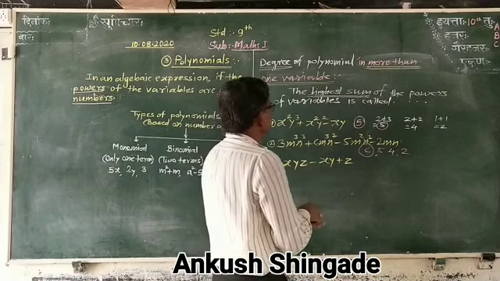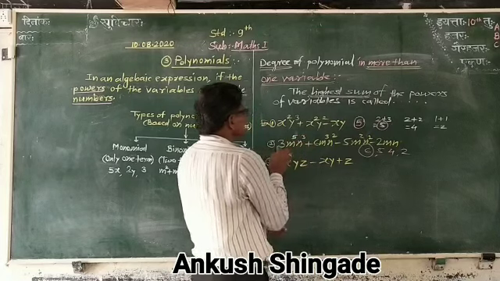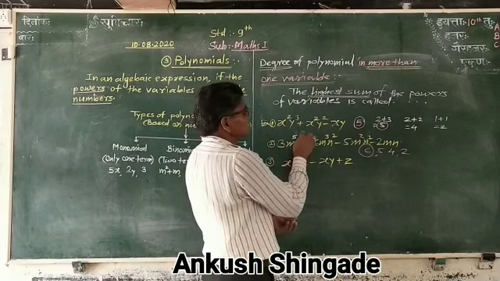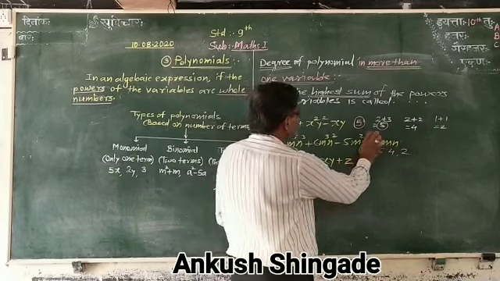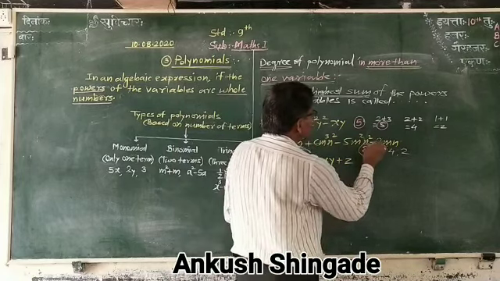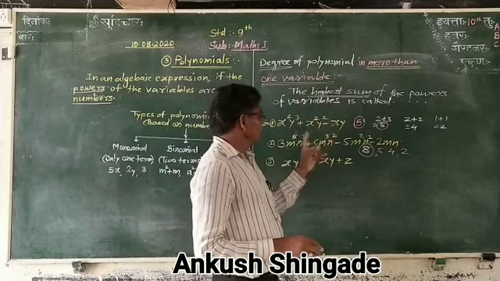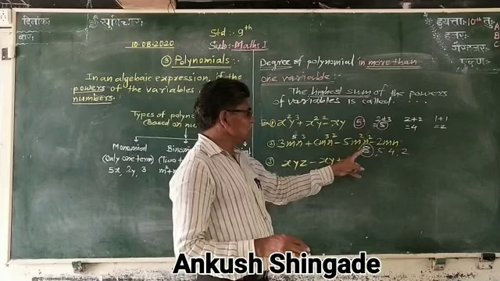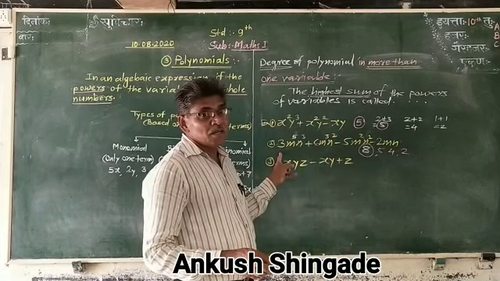If we change, for example, 3m raised to 5 n raised to 3, then the highest sum is 5 plus 3 equal to 8. Not product, sum. Therefore 8 is the degree of this polynomial.